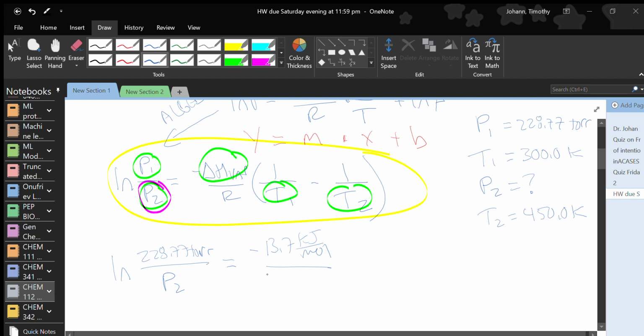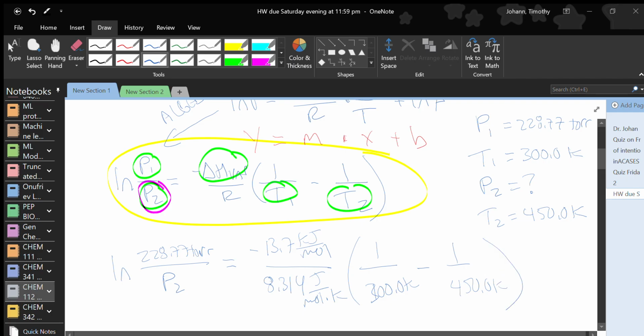Our R is 8.314 joules per mole Kelvin. Okay, and our temperature 1 was 300 Kelvin. And we're subtracting from that, our temperature 2 is 450 Kelvin.